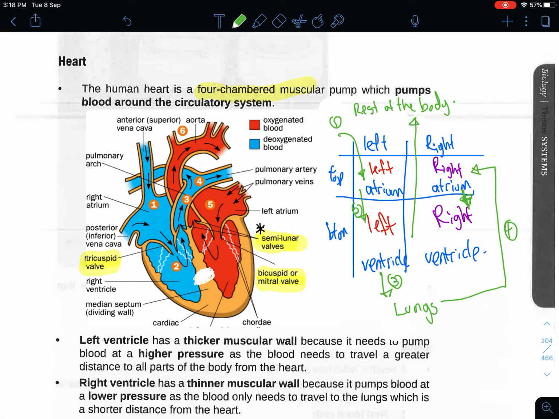So it'll be 3, 4, 5, and finally number 6. Do take note that at this particular junction here, the blood tends to have a lot of oxygen. Okay, so we can see from number 1 here, the right atrium is at this particular portion here.